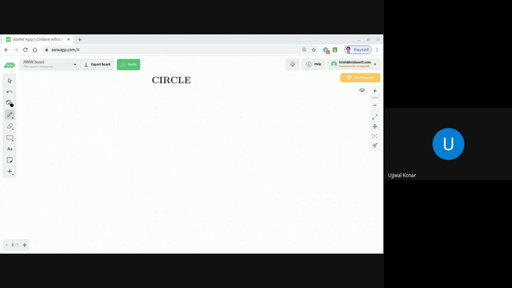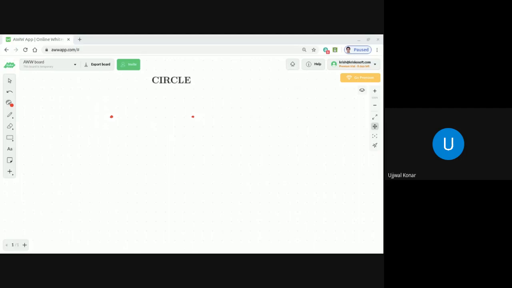What does it mean? Suppose this is the position of the marble, and this is the position of the point about which the rotation takes place.